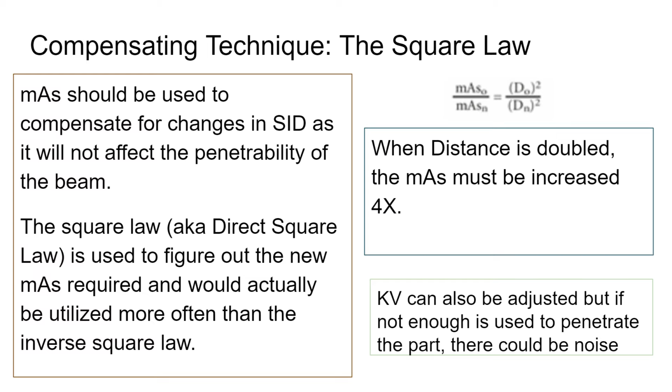So first of all, there's no I's in here. There's no intensity. We're dealing with mass, we're not dealing with radiation, even though it's kind of related. And notice it's direct square law because it goes 1, 2, 1, 2, where the other one was 1, 2, 2, 1.